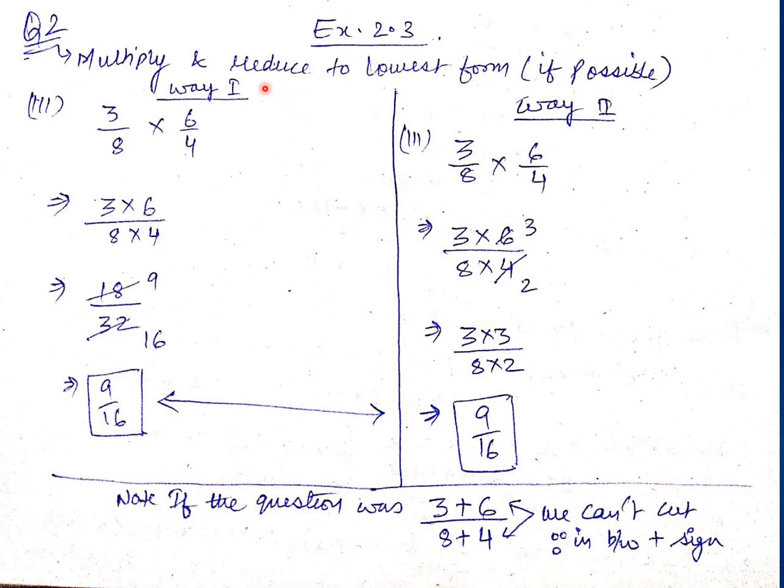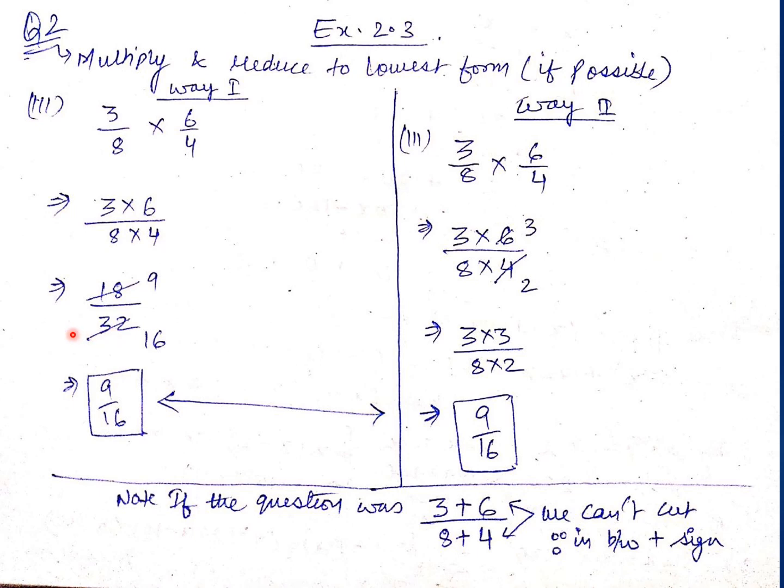But the question is saying multiply and reduce to lowest form. So we have to think whether 18 upon 32 is the final answer or it can be solved further to get the lowest form. We have to check whether there is a number which can divide both the given numbers. 18 and 32 both are even numbers, and we know 2 can divide all the even numbers.